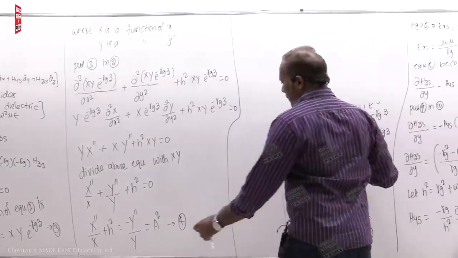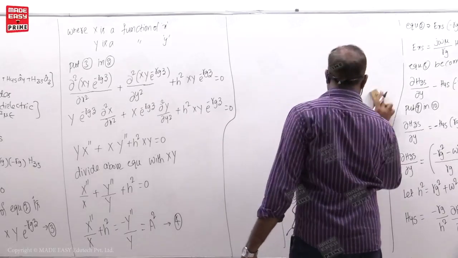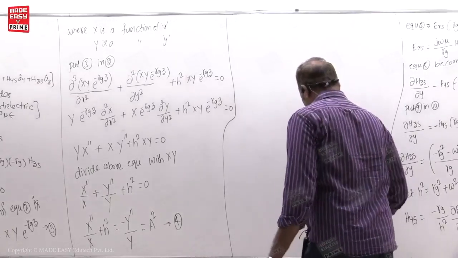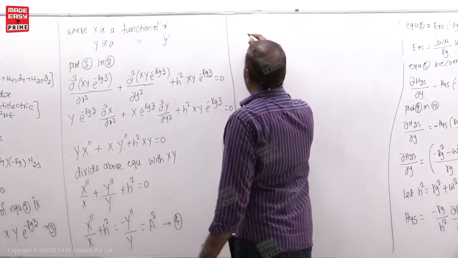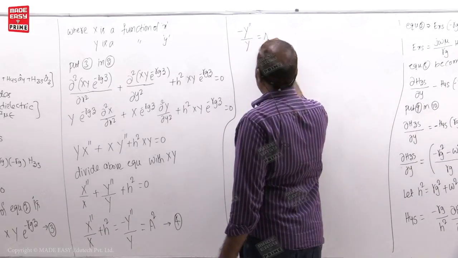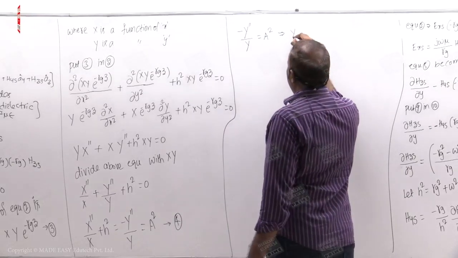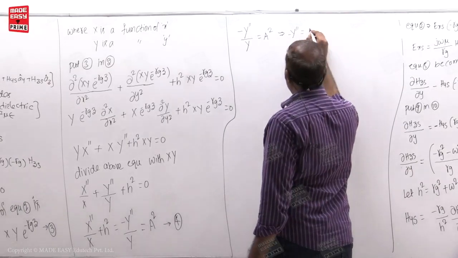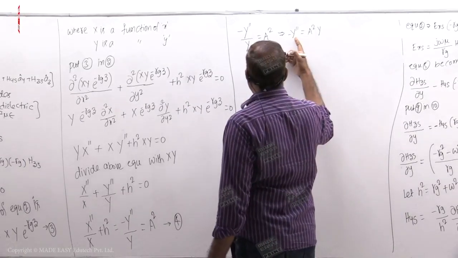Okay, now let us select this one. If you select this one, minus Y double dash divided by Y is equal to a square, that implies minus Y double dash is equal to a square Y. What is this Y double dash?